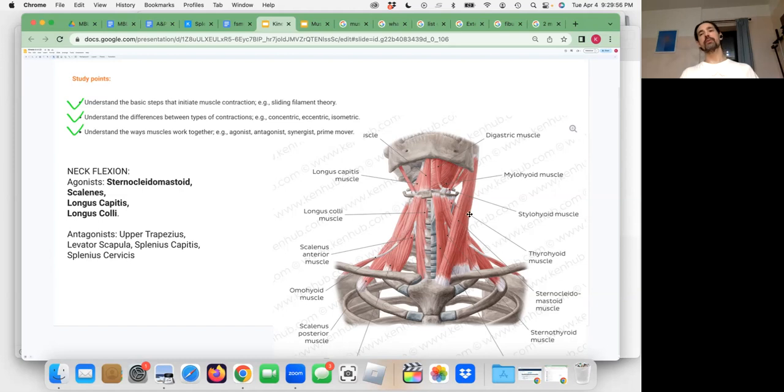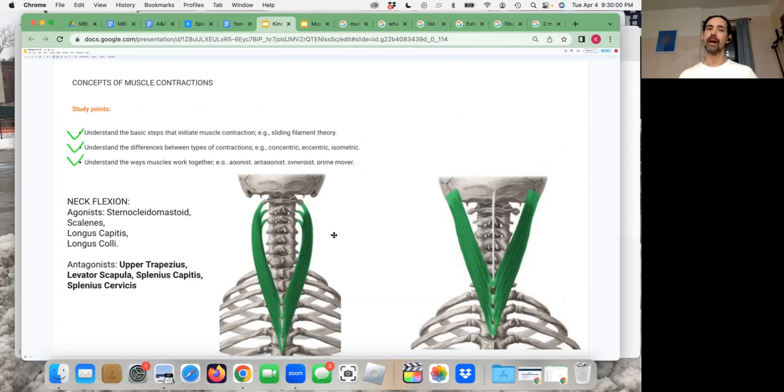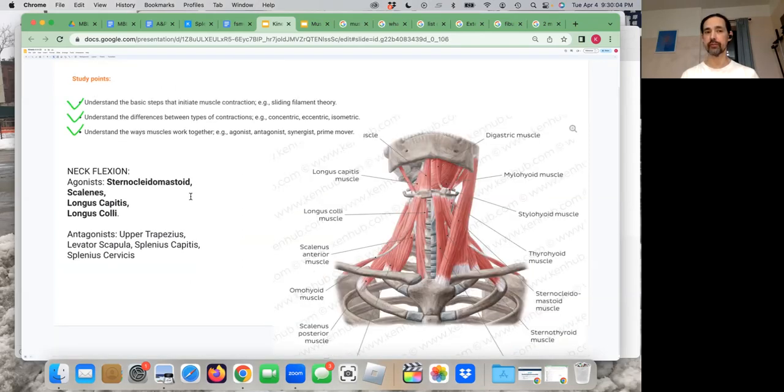So we just went over these muscles in the front of the neck. These are the neck flexors. And in the back of the neck, we have the neck extensors. We have 4 flexors in the front: sternocleidomastoid, scalenes, longus capitis, longus coli. And we have 4 muscles in the back: upper trapezius, levator scapula, splenius capitis, splenius cervicis.